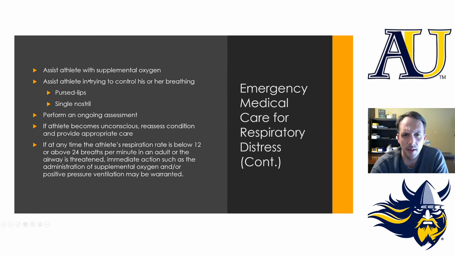All right. And so you can assist the athlete in trying to control breathing, with pursed lips or single nostril breathing. Basically what this will do is slow down breathing, allowing for deeper breaths. Oftentimes in respiratory distress, the respiratory rate will increase to try to compensate for the lack of oxygen, or really the buildup of CO2 occurs before the lack of oxygen, and so they try to get more CO2 out by breathing faster.